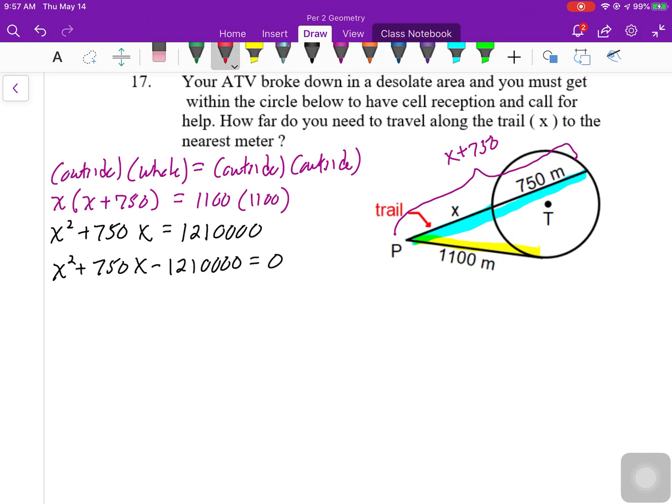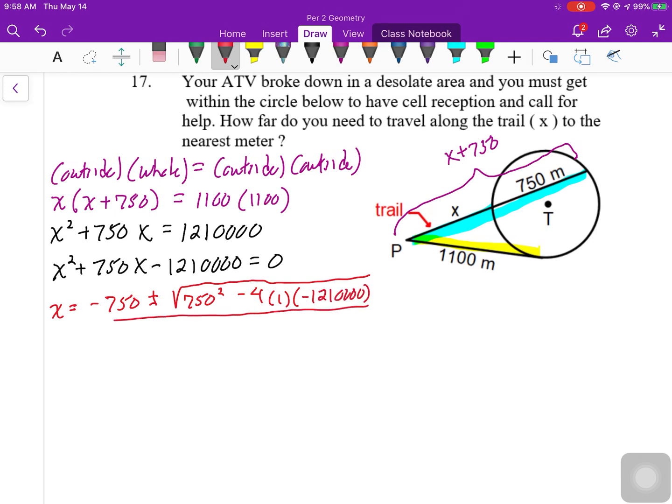Now, something with numbers this large, we would never even consider trying to factor. So we're going to go ahead and use that quadratic formula. In that quadratic formula, I'll have x equals negative b plus or minus the square root, and then the b squared minus 4 times the a times the c.